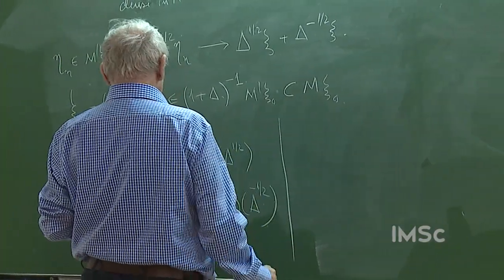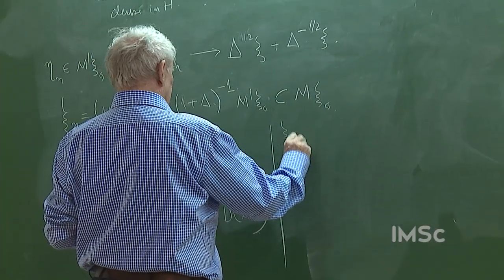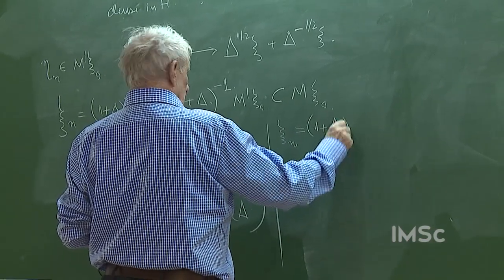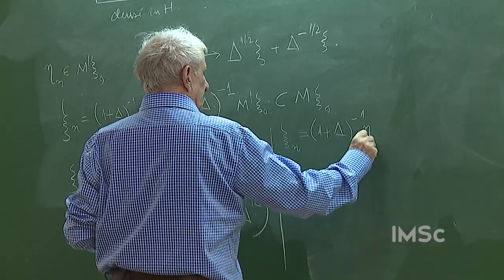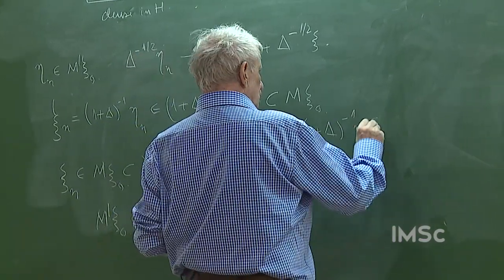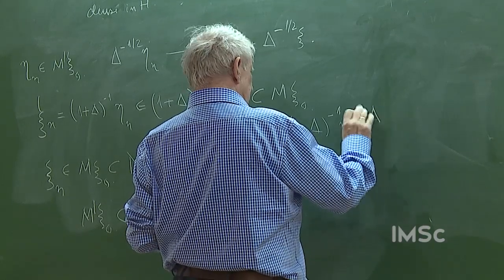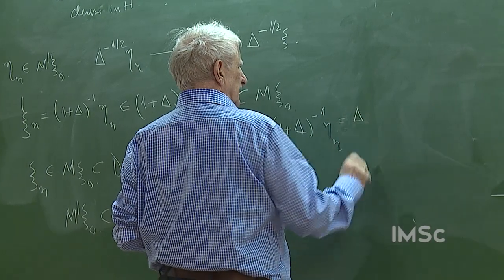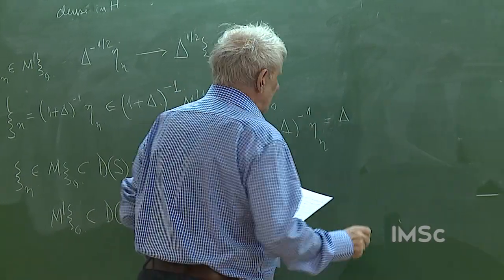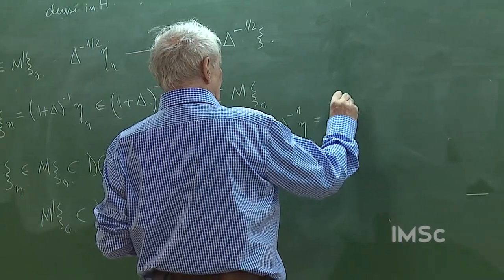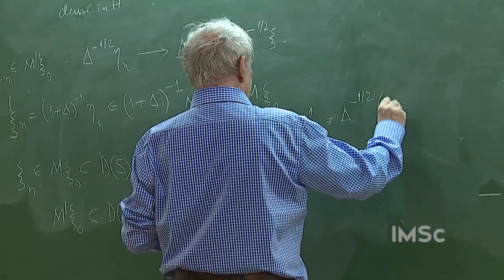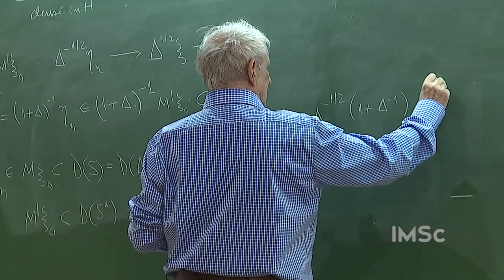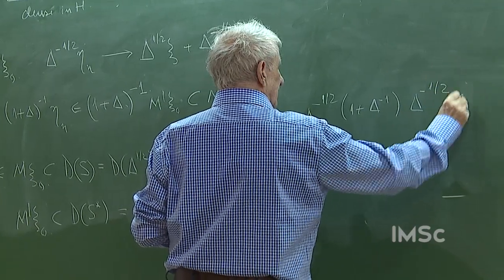It means that psi n is equal to 1 plus delta to power minus 1 of eta n, which belongs to... Now this is something like adding fractions: delta minus 1/2, 1 plus delta minus 1, delta minus 1/2, eta n.